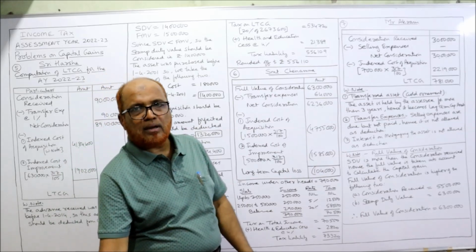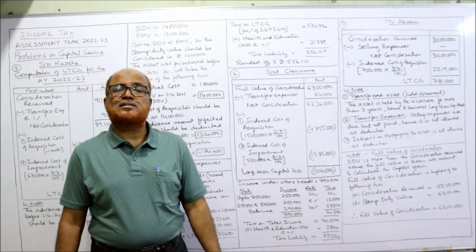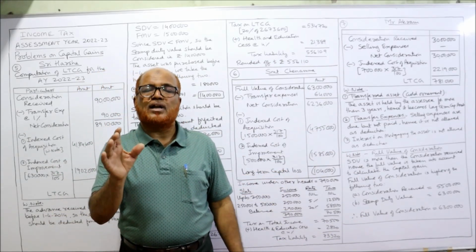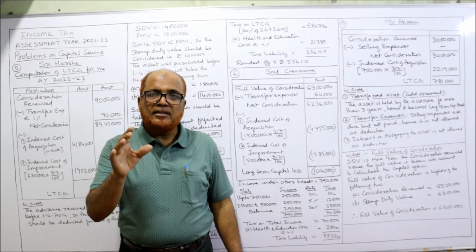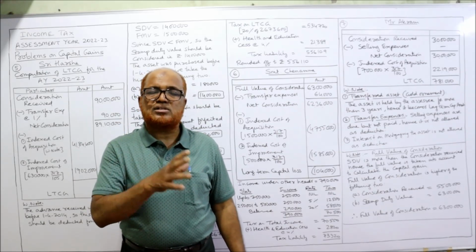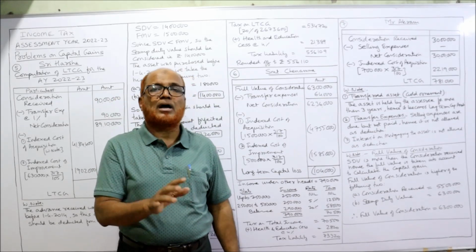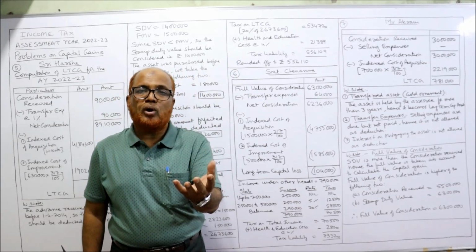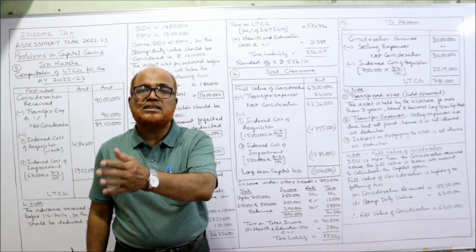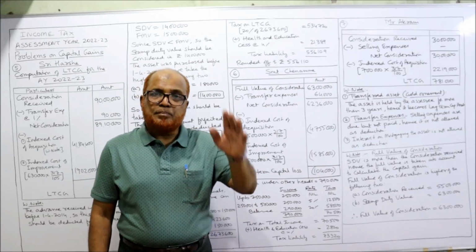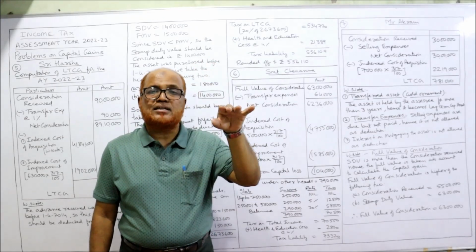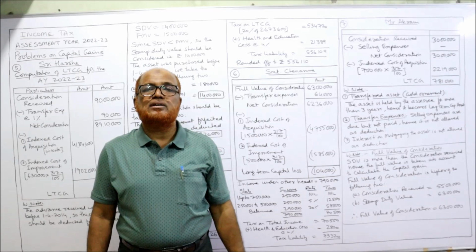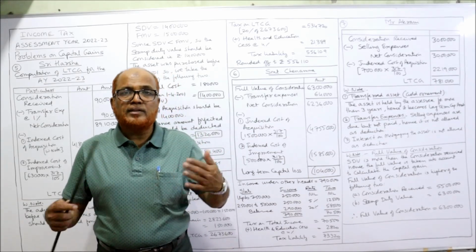Now in the working note you can write transferred asset. In our problem, the transferred asset is gold, and the gain arising on this transfer of capital asset is a long-term capital gain because the assessee held that asset for more than 3 years. He purchased in 1998 and sold in 21-22. So more than 3 years.